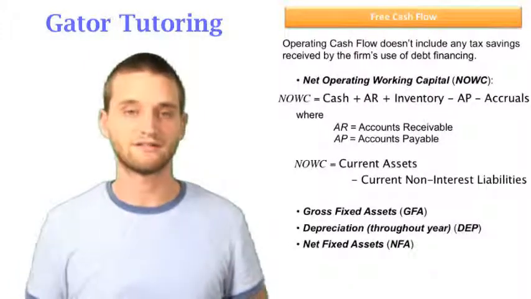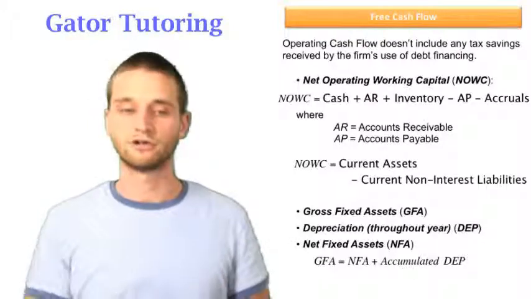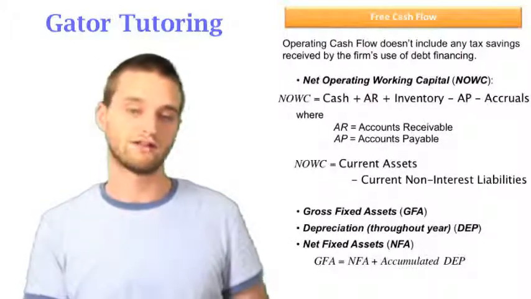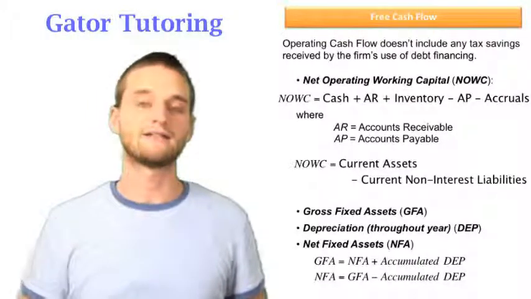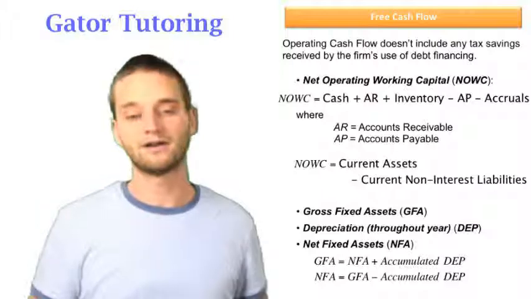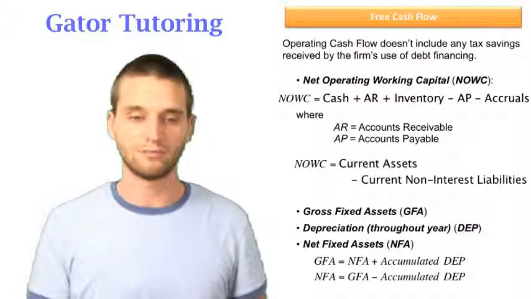And our net fixed assets, NFA, is also from our balance sheet in this formula. Gross fixed assets equals net fixed assets plus our accumulated depreciation, or net fixed assets equals gross fixed assets minus our accumulated depreciation. Again, both of those are from the balance sheet, but we just need to be familiar with the terminology.